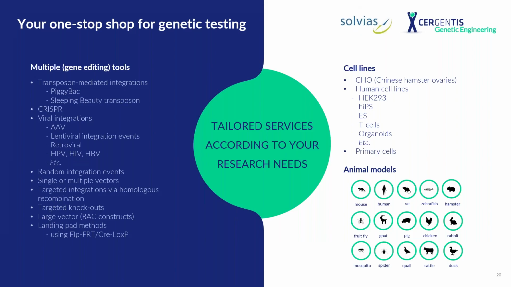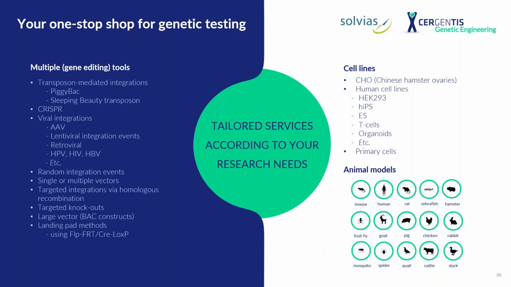During this presentation, we have talked about several gene editing methods, but in this slide, I would like to highlight that at Cergentis, we can adapt to your needs. We have a lot of experience with different gene editing tools, such as transposon-mediated integrations, CRISPR, as well as random integration events. Also, during this webinar, we have mainly discussed CHO cells, but we have experience working with different cell lines.